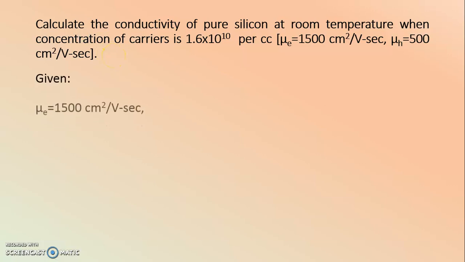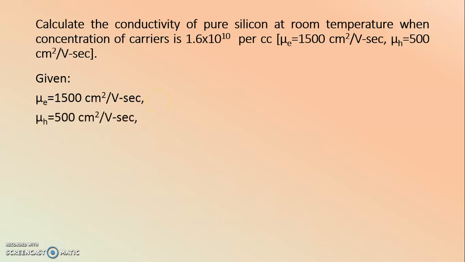First given is mu suffix e, the mobility of electron, which is 1500 centimeter square per volt second. Then the mobility of hole, which is 500 centimeter square per volt second, and the carrier concentration, which is 1.6 into 10 raised to 10 per centimeter cube. Centimeter cube and cc have the same meaning.